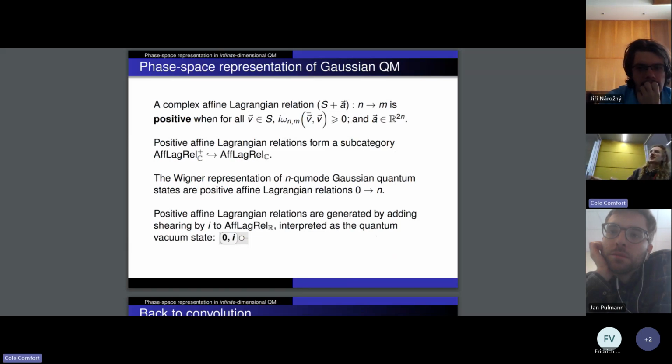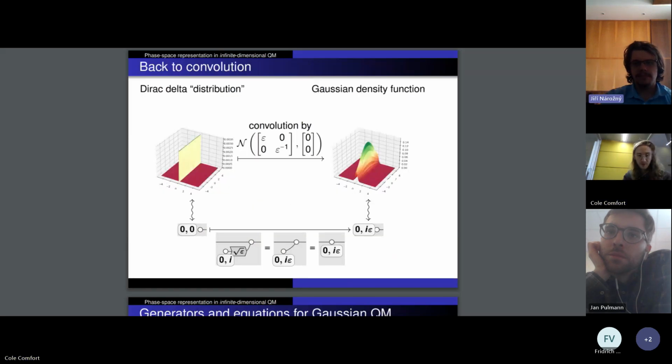All you have to do is start off with the presentation of affine Lagrangian relations over the reals. What you do is you add shearing or the slope by I only, and by no other complex numbers, and this generates the entire positive complex Lagrangian relations.